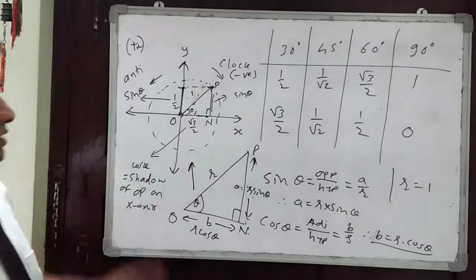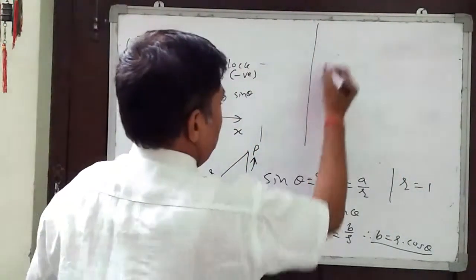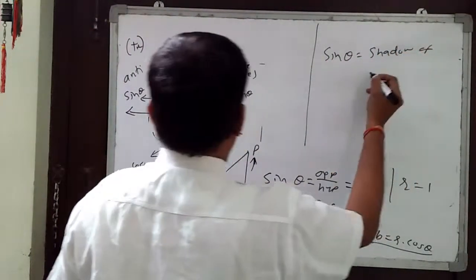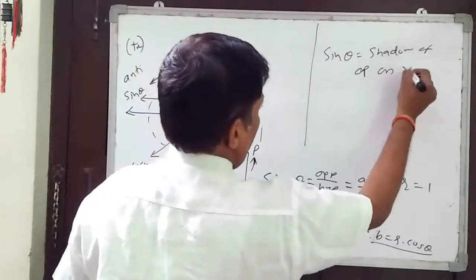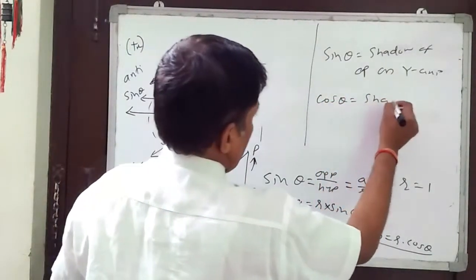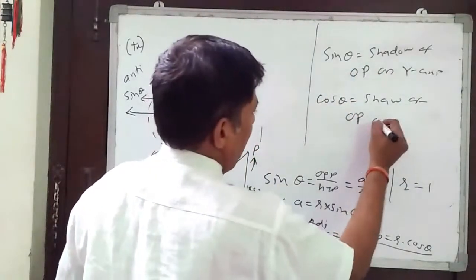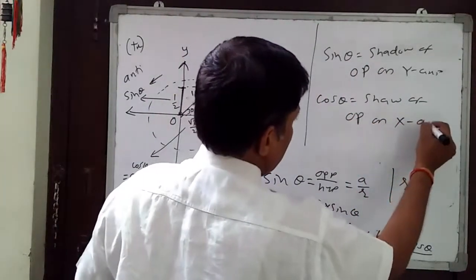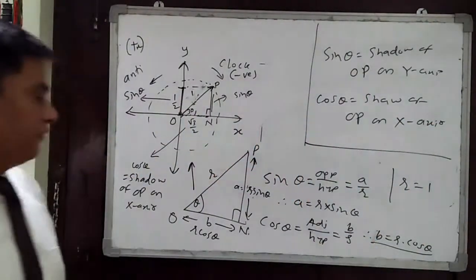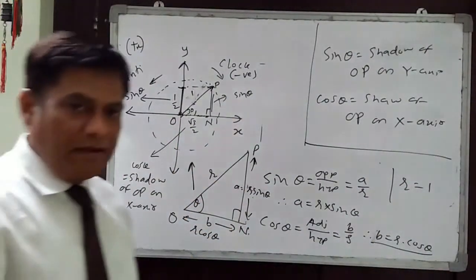Sin theta is nothing but the shadow of OP on the y-axis, and cos theta is nothing but the shadow of OP on the x-axis. Now using this concept, let us find the different sin and cos ratios of angles which are greater than 90 degree.